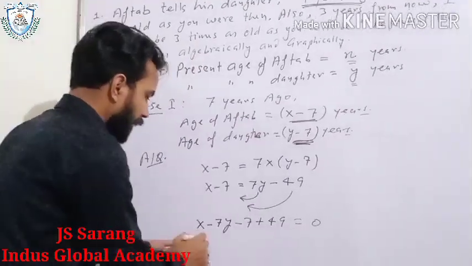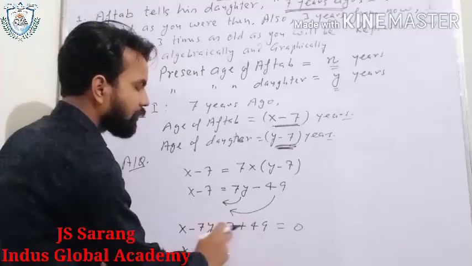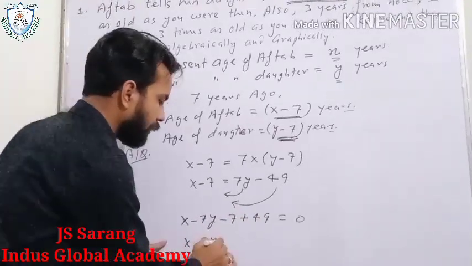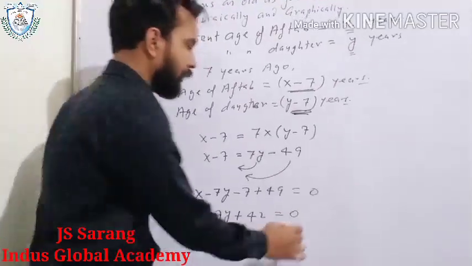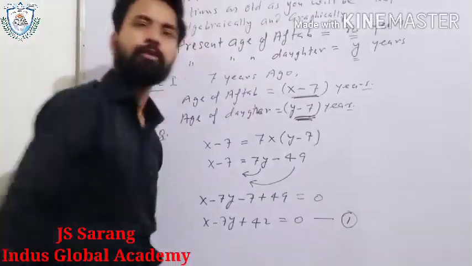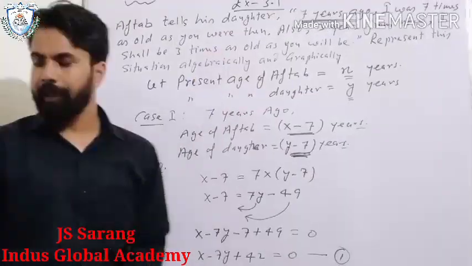Now see, x minus 7y, and minus 7 plus 49 is plus 42, equal to 0. This is our first equation. Understood? Now we will discuss the second equation.